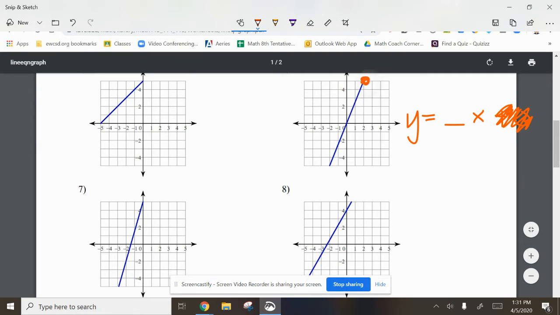How about right here? You start at the origin, and then you go 1, 2, 3, 4, 5. Up 5. You're rising 5, and then you're running 2. How do you write that out? 5 over 2x, and that would be your final answer.